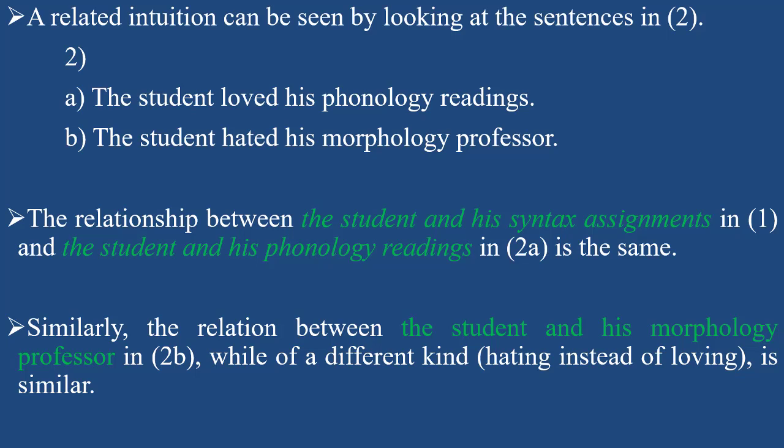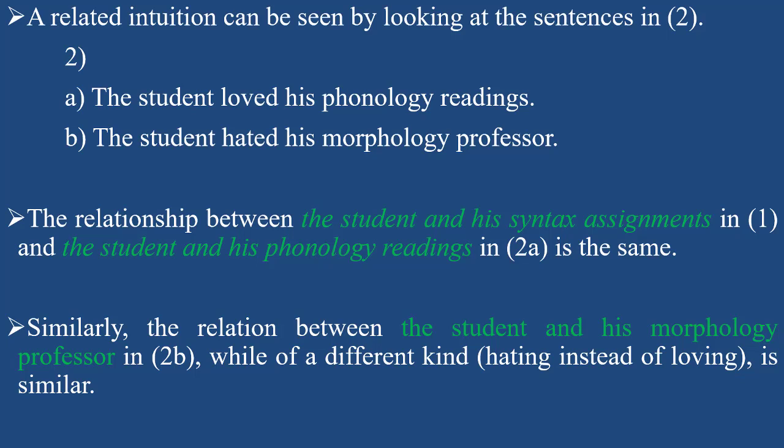Now, what about sentence B? In comparison to number one, the relation between the student and his morphology professor in 2b, while of a different kind, hating instead of loving, is similar. Even if we take sentence number three, it is similar, just that instead of loved, we have hated. This difference is not syntactic, but semantic.